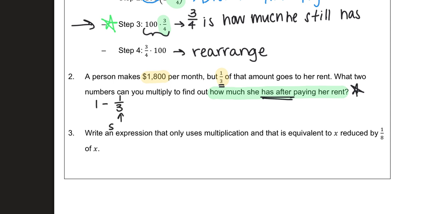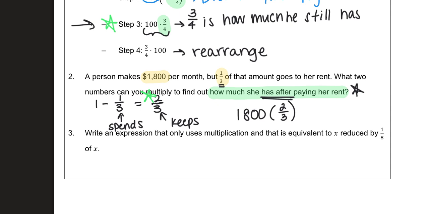That's what she spends. So she gets to keep 2/3. Okay? This is the number we want to use. That 2/3 is what she keeps. That's going to be how much she has left. So we can multiply the 1,800 that she makes times 2/3. That's going to be how much money she has left.